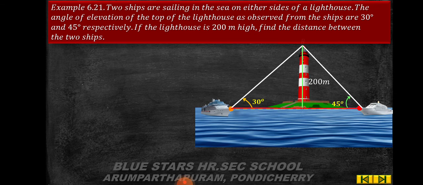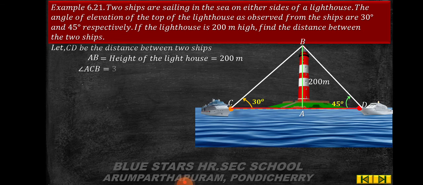So now you get a triangle and mark the points as A, B, C, D. Then BA is a perpendicular line to AC. So you get two right angle triangles, right angled at A. Let CD be the distance between the two ships and AB equal to the height of the lighthouse, which is 200 meter.